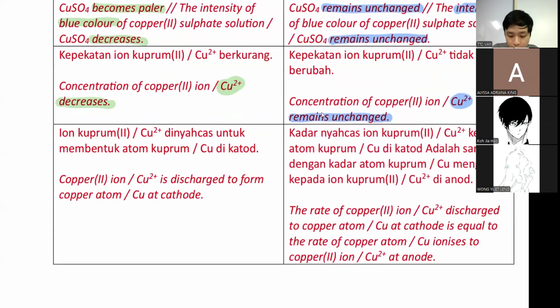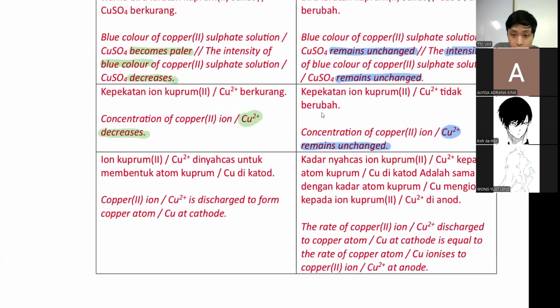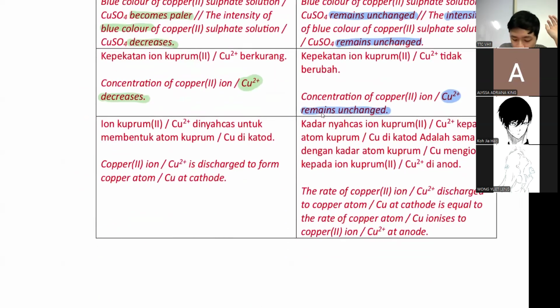They talk about copper(II) ion. One side, cell P, the cathode, the Cu2+ discharges to form copper atom. The other side is a bit complicated because there are two sides.